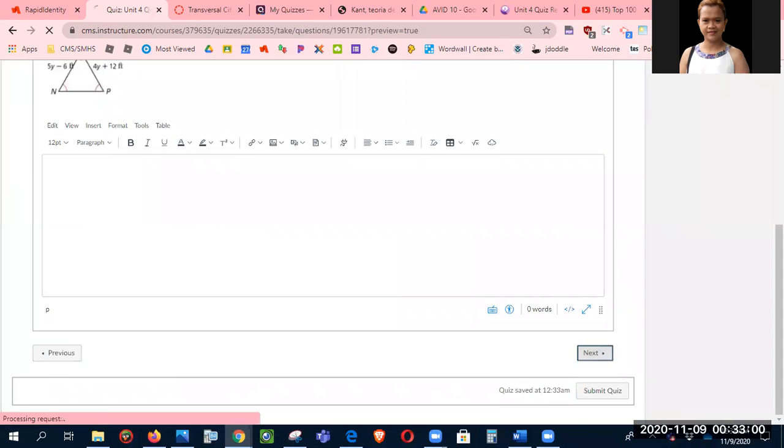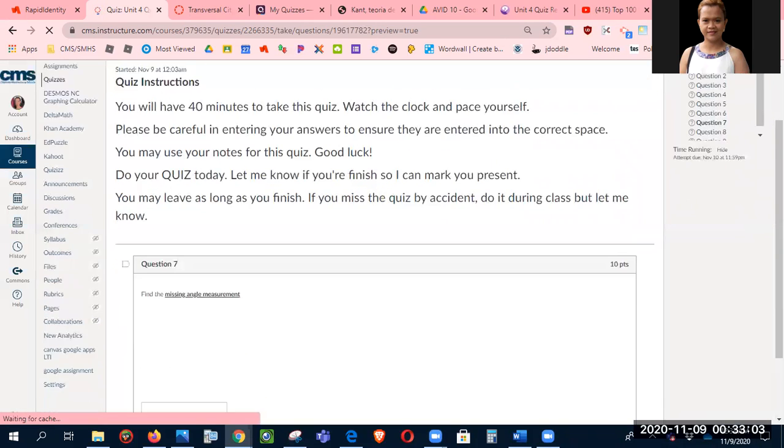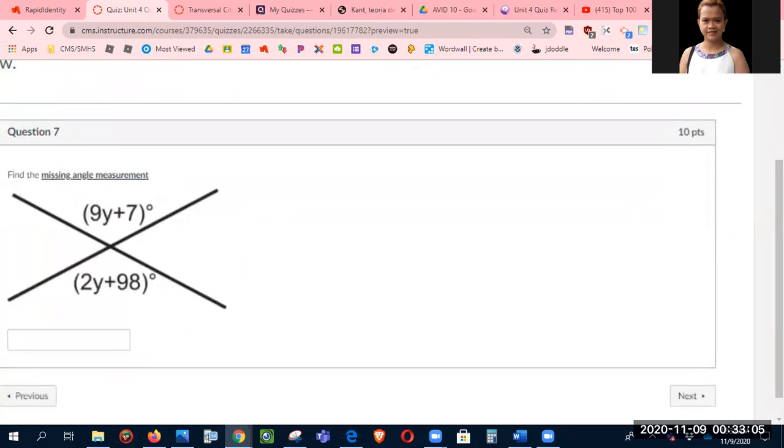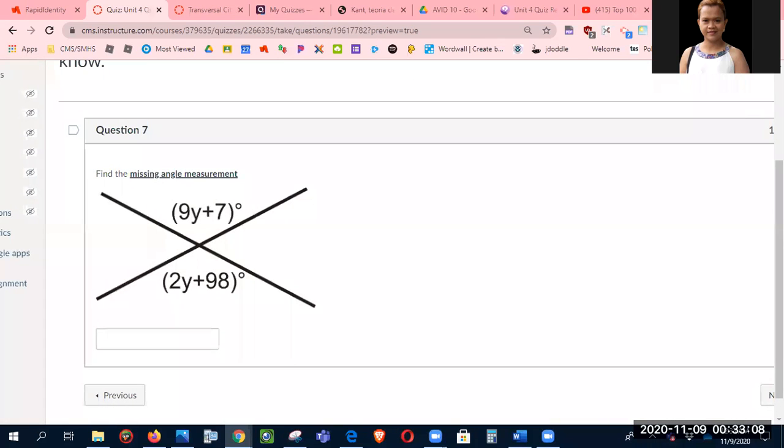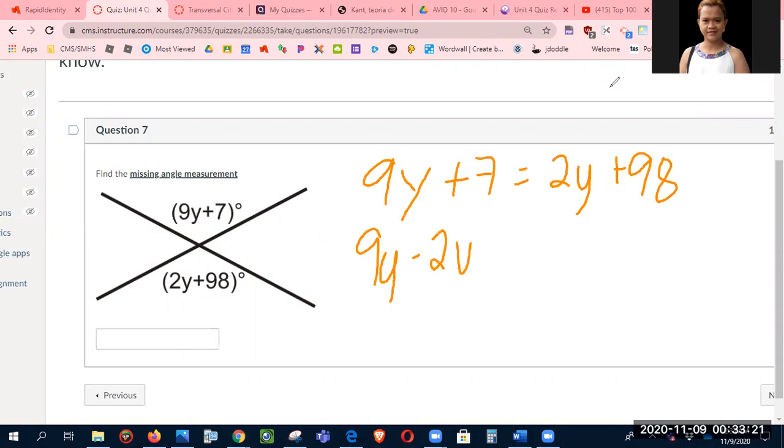Next. Find the x. This is a vertical angle. So that will become 9y plus 7 equals 2y plus 98. So 9y minus 2y equals 98 minus 7. That becomes 7y equals 91, divided by 7 is 13.